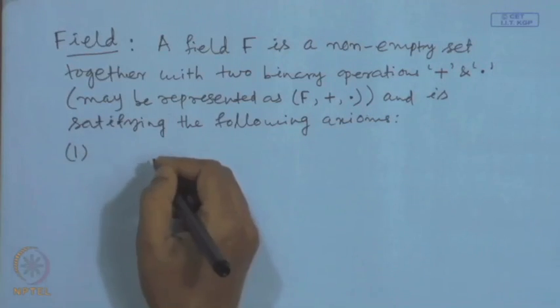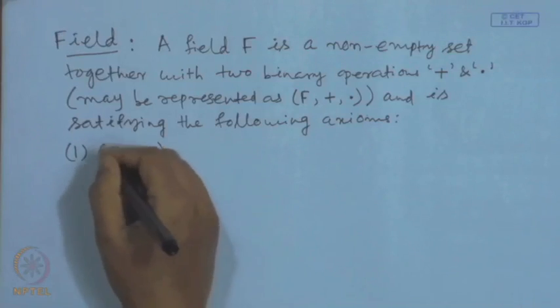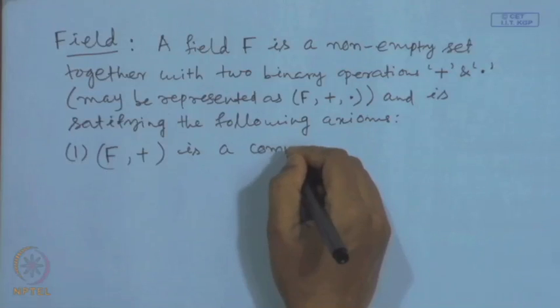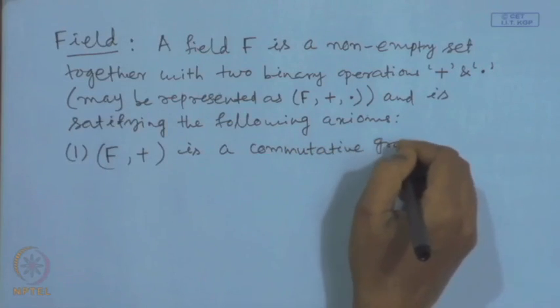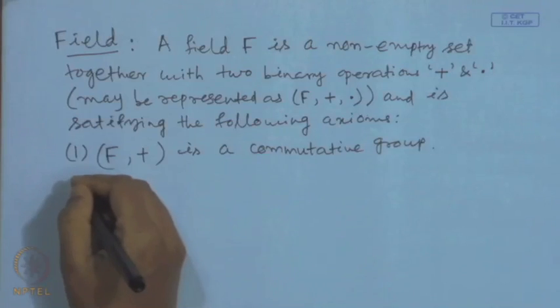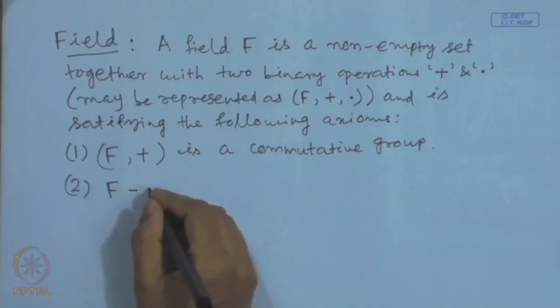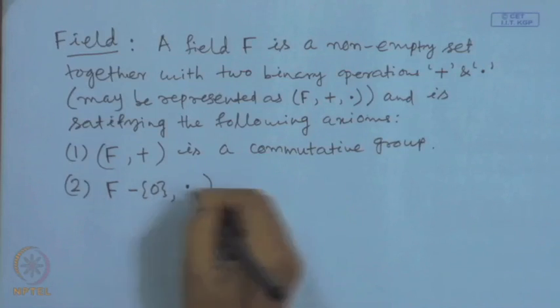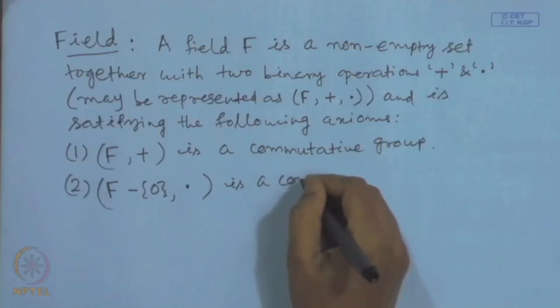First one is (F, plus) is a commutative group, and second condition is F minus 0 with respect to this dot operation is a commutative group.